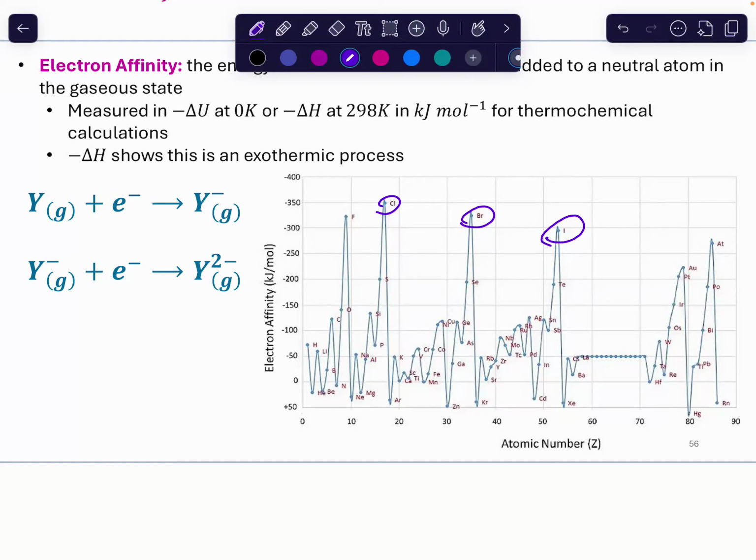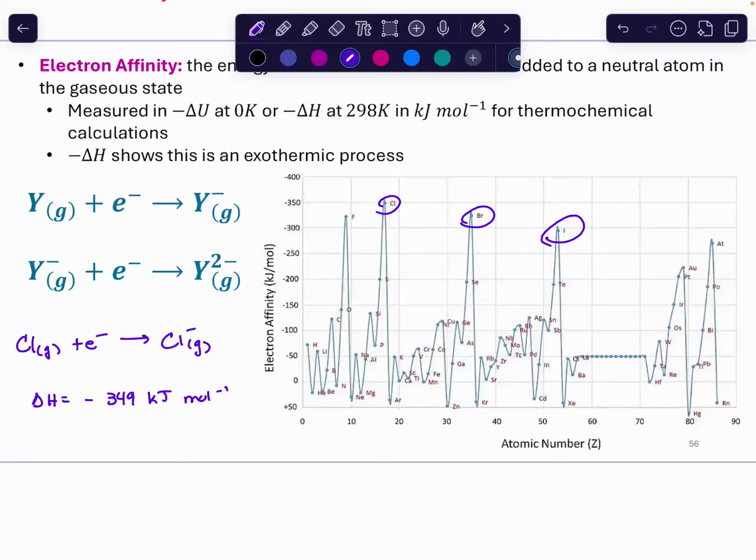So for example, chlorine plus an electron becomes the chloride ion, and we're all familiar with this. Of course, we see that the delta H is going to be a negative 349 kilojoules per mole, meaning that this is an exothermic reaction.